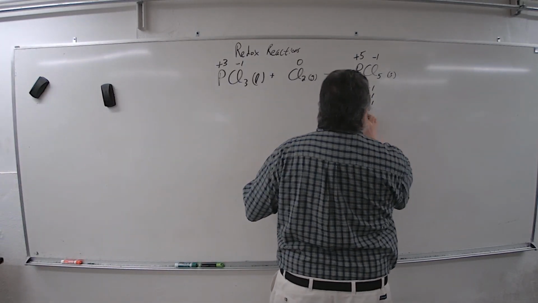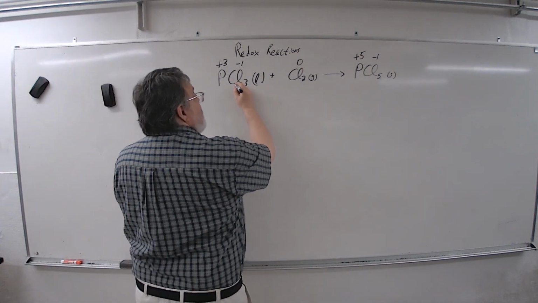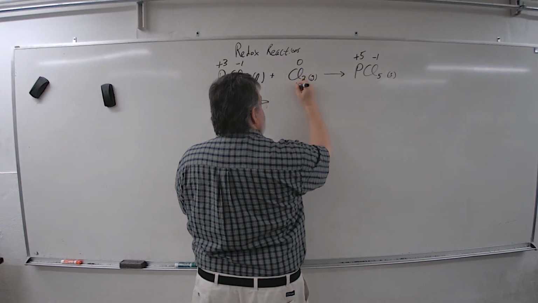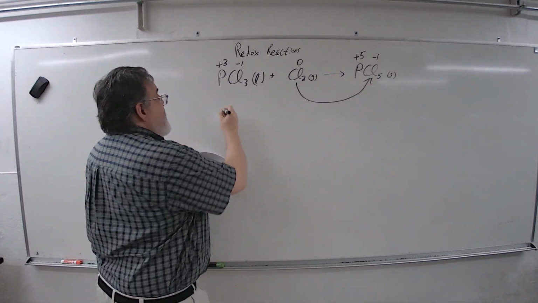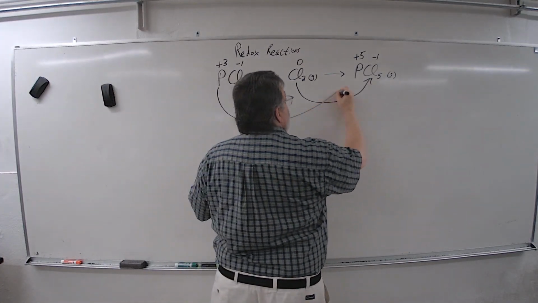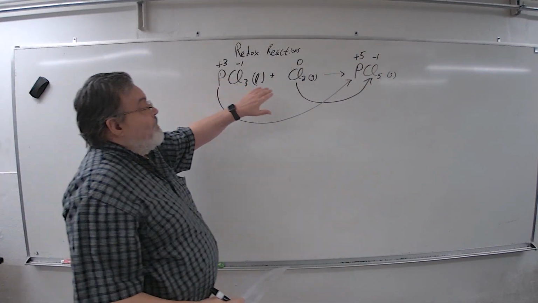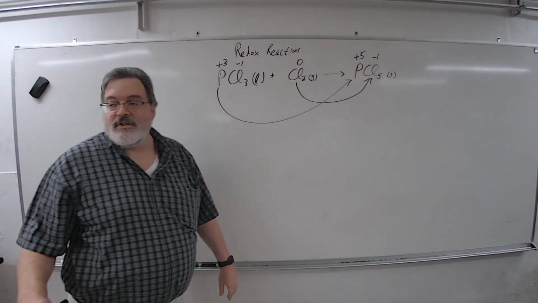Okay. This one is a little confusing in the sense that you could look here and then look here at this chlorine and go, chlorine didn't change, but chlorine did change here. And then phosphorus went from +3 up to +5. So +3 up to +5, 0 down to -1. Which one of these was reduced?